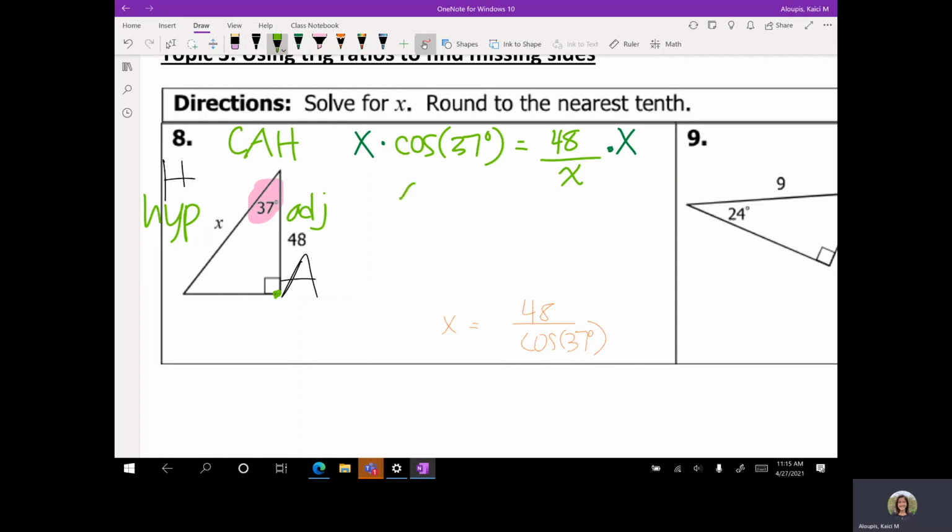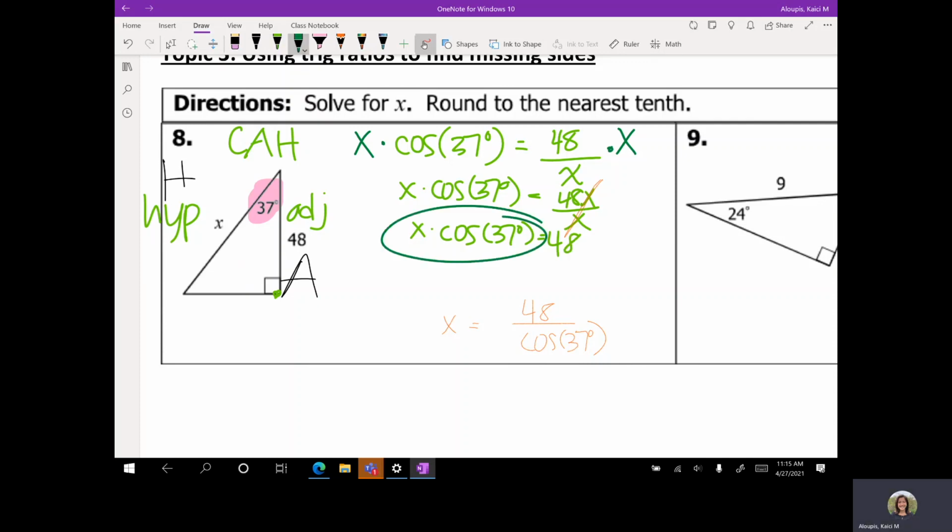That will be x times cosine 37 degrees is equal to 48x over x. Those x's will cancel out. So now we have x times cosine 37 degrees is equal to 48.